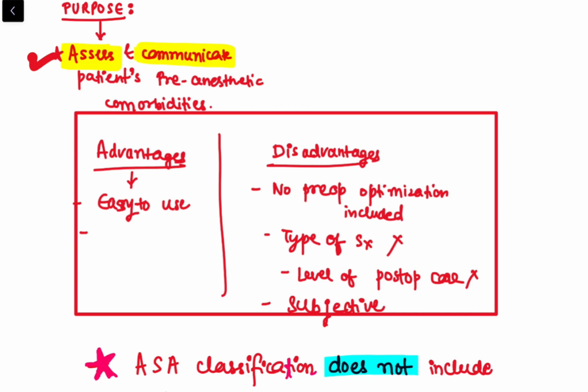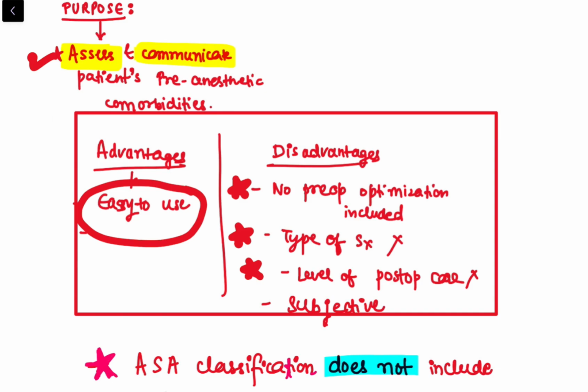So the advantage is that it is easy to use, but the disadvantage is it does not include pre-op optimization. It does not include what type of surgery the patient is undergoing, or what type of post-op care is available to us, and it is very subjective.